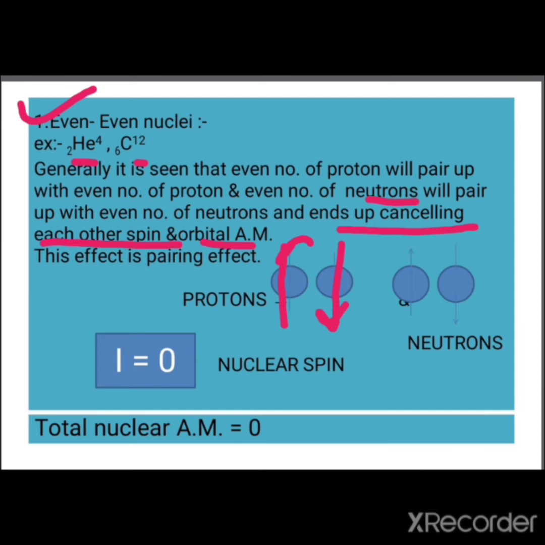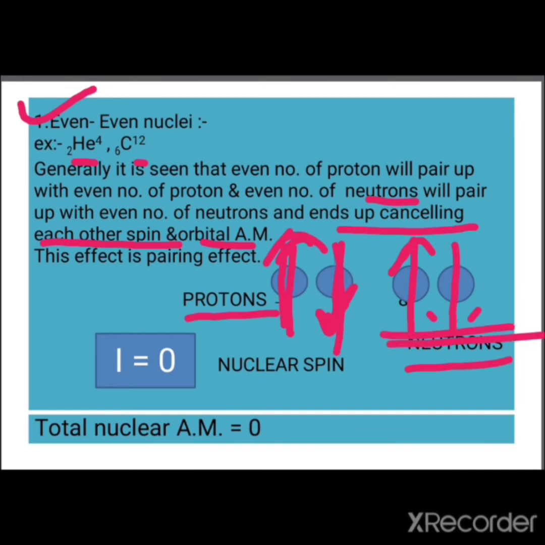Like here in the case of protons you can see opposite spin, and in the case of neutrons opposite spin, and they cancel out each other's spin as well as angular momentum. This effect is known as the pairing effect. Here they are cancelling each other in pairs of opposite spin. So the nuclear spin will have the value 0, and the total nuclear angular momentum will also have a 0 value.